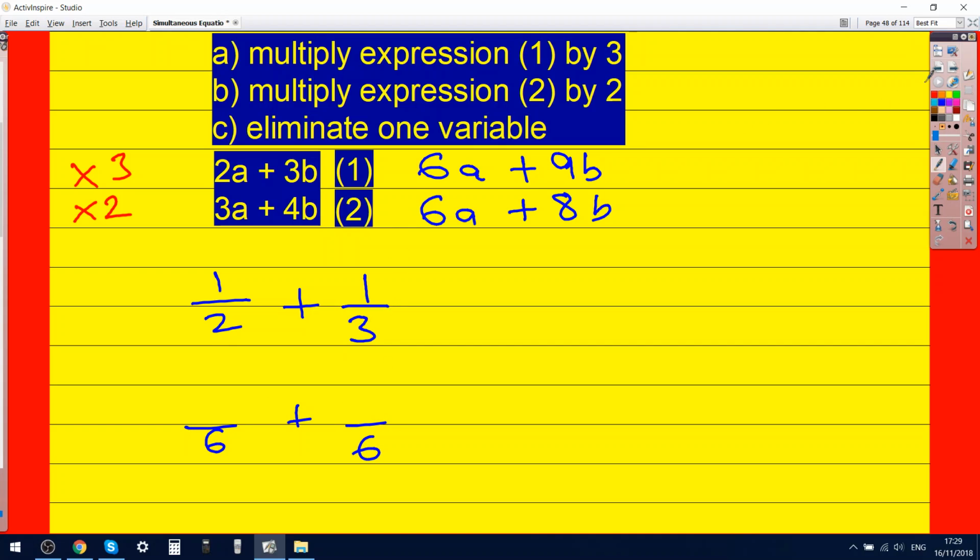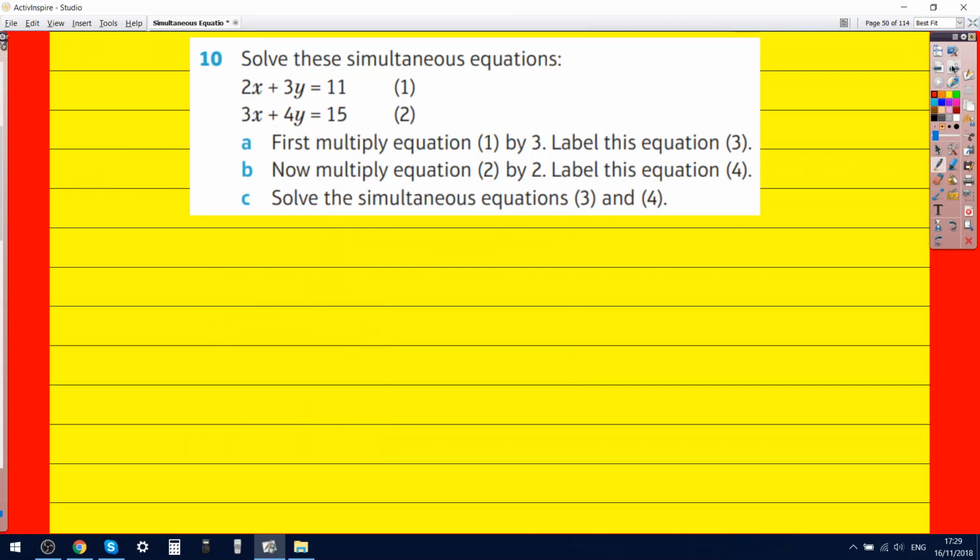And in this case, the common coefficient is 6 for a. So you do it exactly like with fractions. You multiply by the other one. So we times the top one by 3, and the bottom by 2, to get 6a. Or we could have done the same with the b's and gotten 12b. Any questions there? No. Okay.